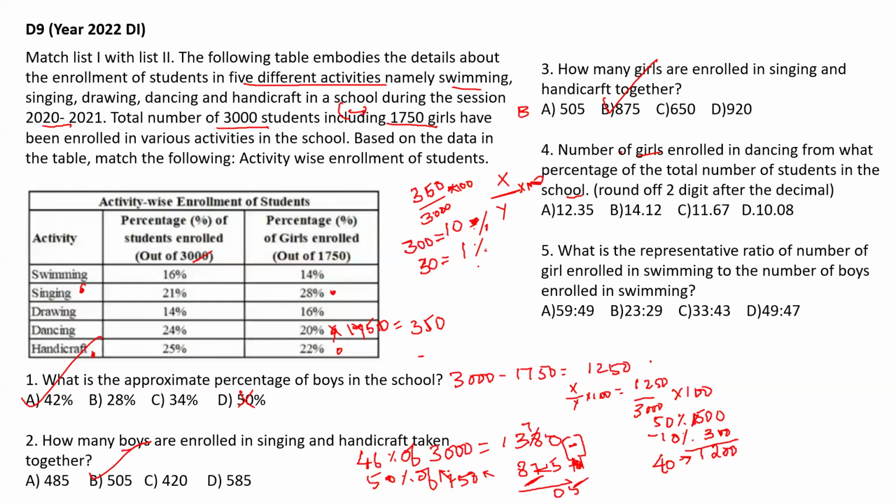Again take 1 percentage, it will become 360. So it is between 11 percentage and 12 percentage. But it's not 12 percentage because it's more value, right? So here it is eliminated. So option C is the answer.